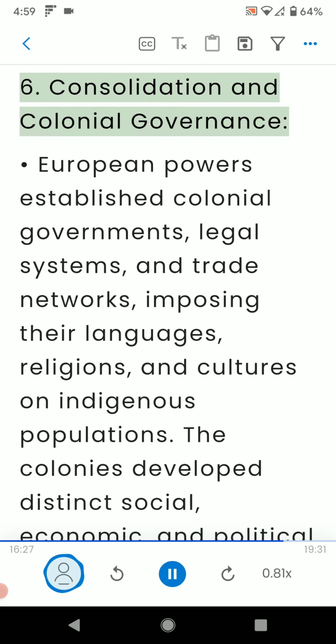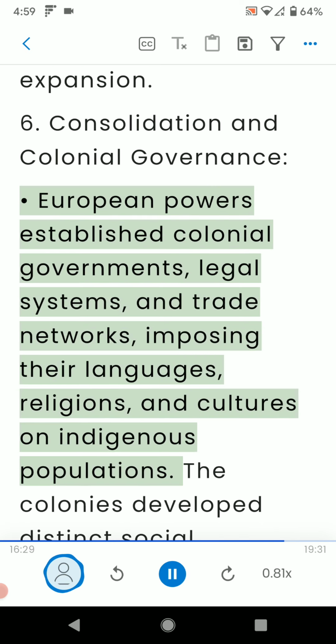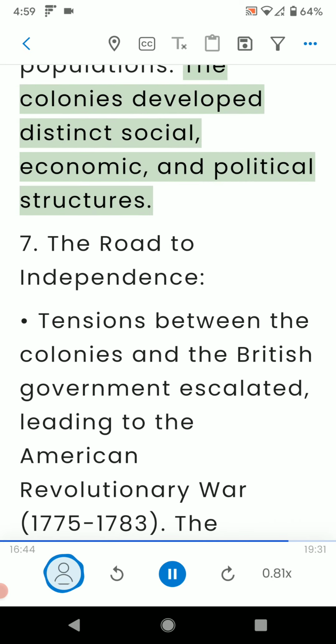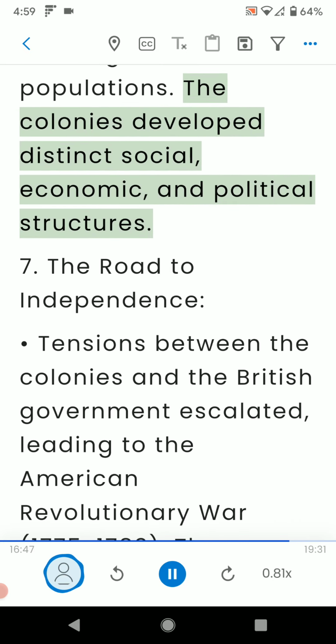Consolidation and colonial governance. European powers established colonial governments, legal systems, and trade networks, imposing their languages, religions, and cultures on indigenous populations. The colonies developed distinct social, economic, and political structures.